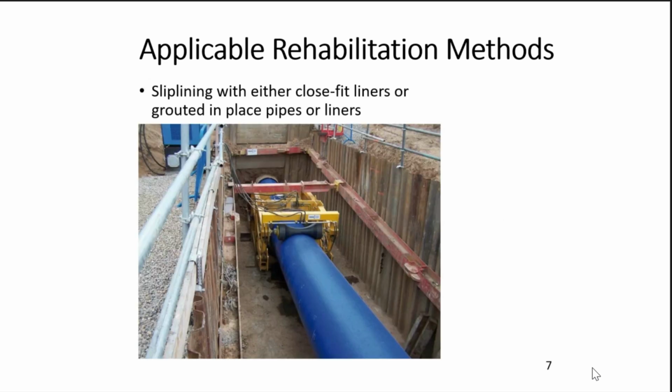A comparable technique, which I think Ray mentioned but didn't talk about, is very similar to pipe bursting, except instead of breaking up the old pipe and expanding it into the soil, you're just putting a smaller pipe within a larger pipe. This is not what Ian talked about with CIPP; I'm going to get to that in a second.